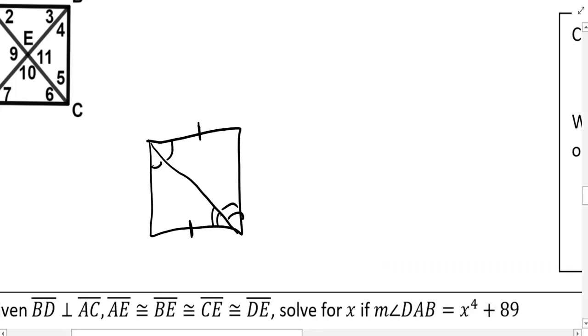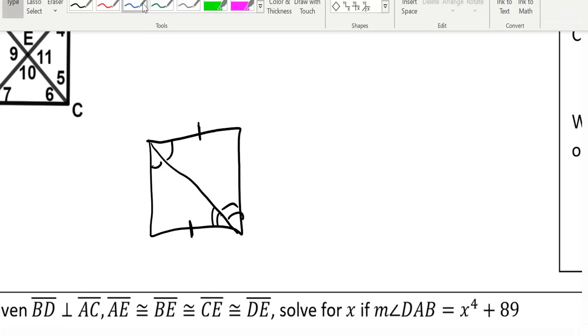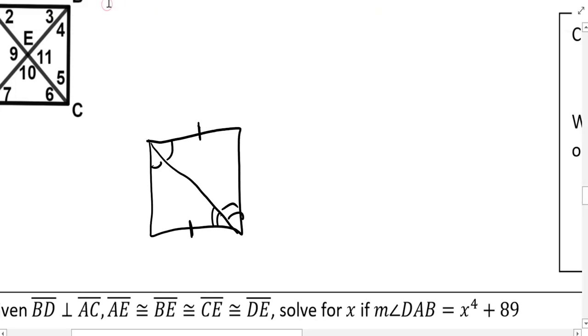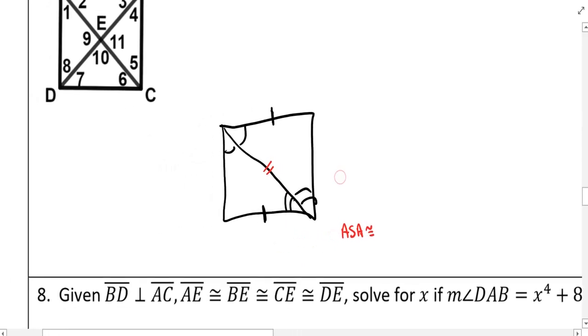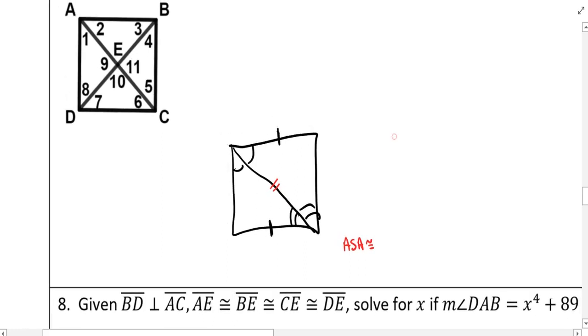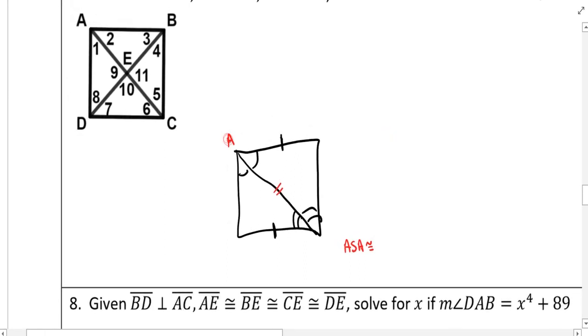Well, the first thing I want to point out is that the two triangles are congruent because they have a shared side here, and we can say by angle side angle. Again, this is a little scratch work here. Maybe it's helpful if I put the lettering in here.